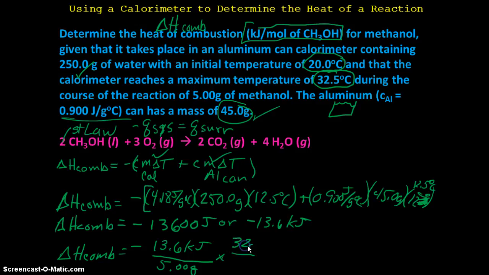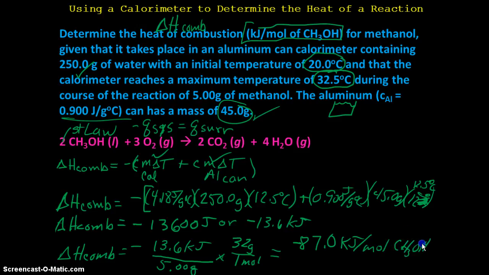That's 32 grams in a mole. And so the molar enthalpy of this then is 13.6 kilojoules times 32 divided by 5 in order to get the moles. Should be negative 87.0 kilojoules per mole of CH3OH.